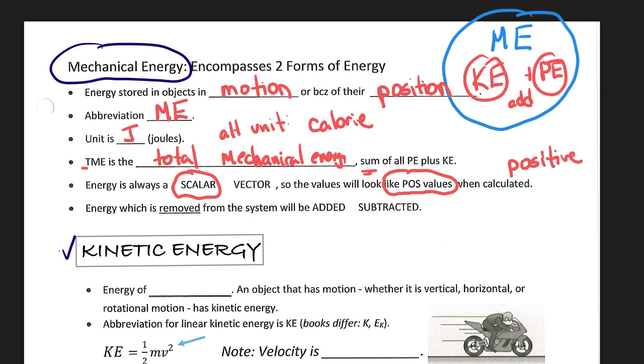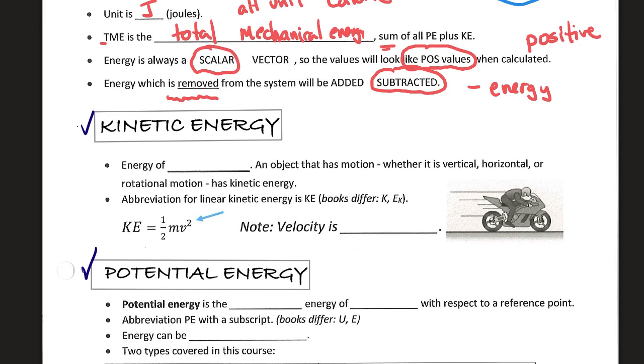And you might say, but wait a minute, sometimes we calculate using g, and we'll find out that we're going to be measuring gravitational potential energy with a positive g value. The only time energy is negative is when you're subtracting it or removing it from the system. That will be the only time we have negative energy. All other kinds of energy that are present are positive.